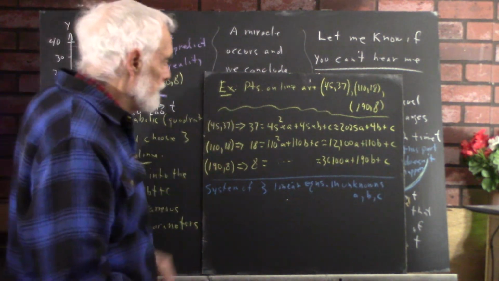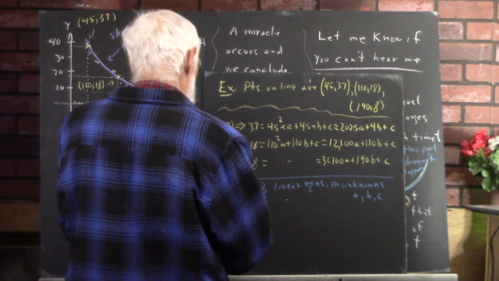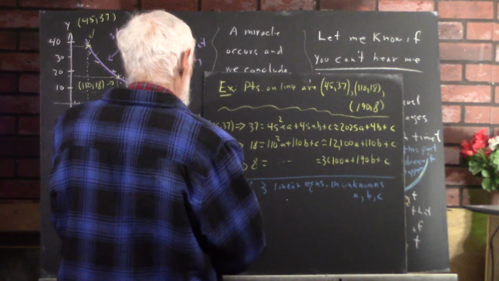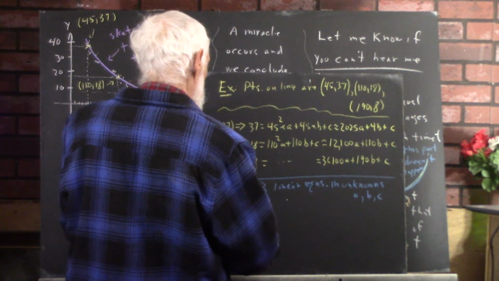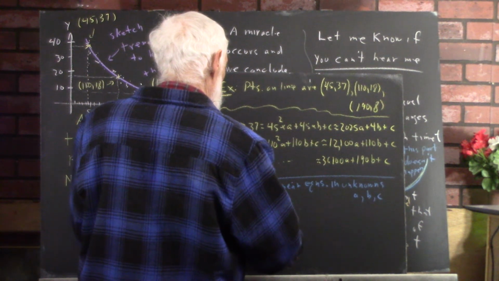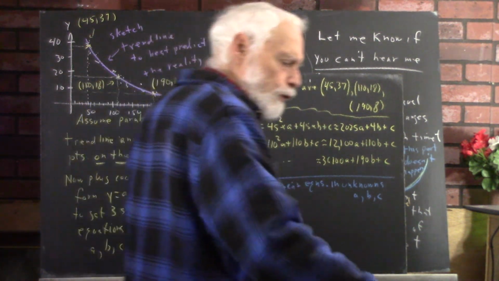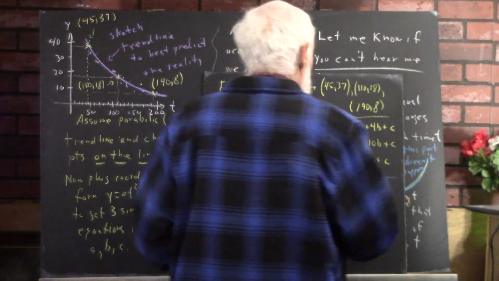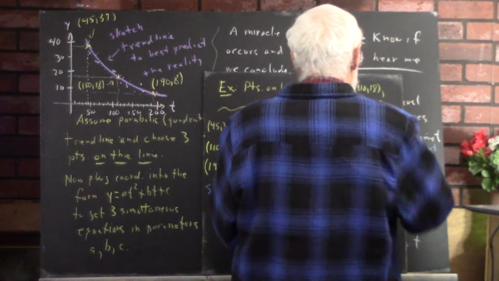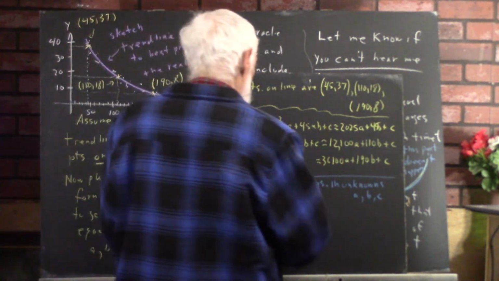So here we have it. So I can write out the system. It's 2025a plus 45b, and it looks like I wrote 4b there instead of 45b, I'll put a 5 in there. Now you can't read it, but you know that's what it says.